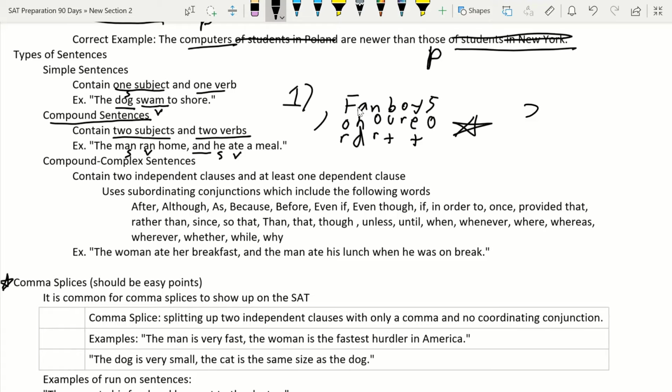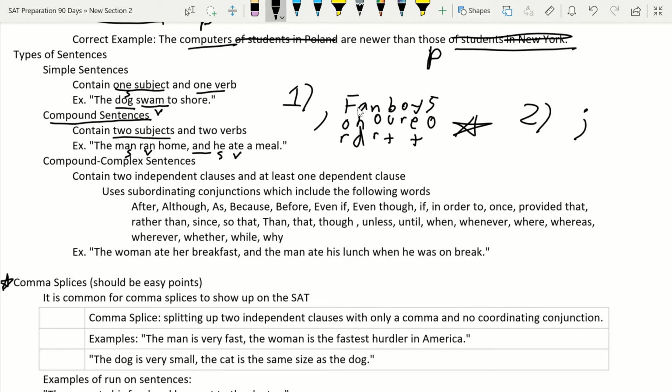Or option number 2 is a semicolon. So if you're going to use a semicolon, you do not have to use a fanboy. You can just use that semicolon. So if I was going to use a semicolon, I would say the man ran home, and then put a semicolon right here, and get rid of my and have the man ran home, semicolon, he ate a meal. So that's how I would adapt that if I were to use a semicolon instead of a comma and a coordinating conjunction.